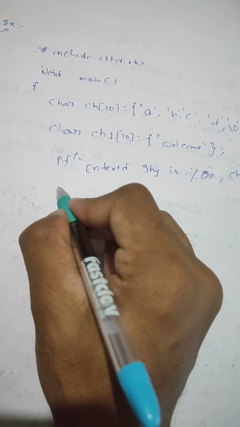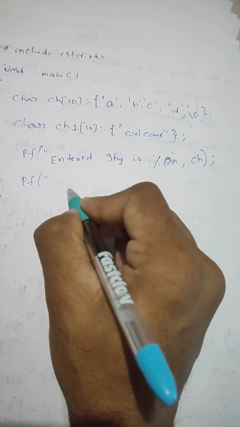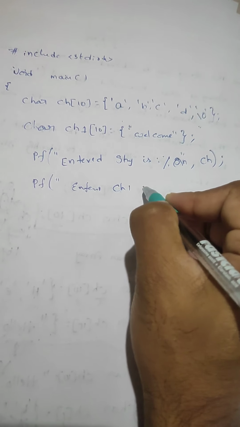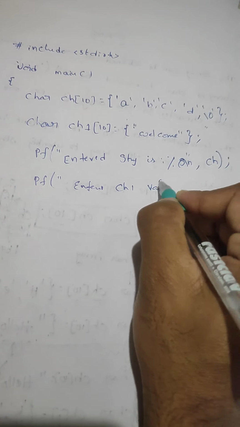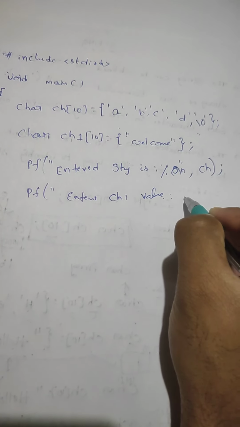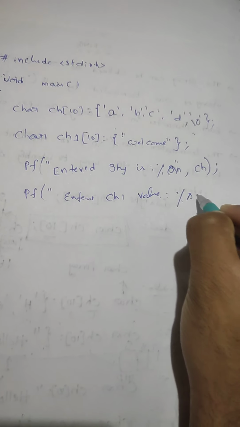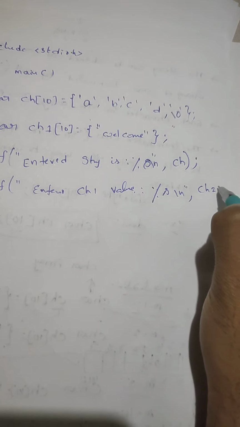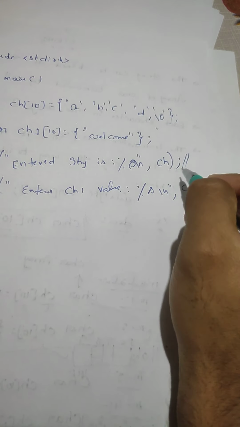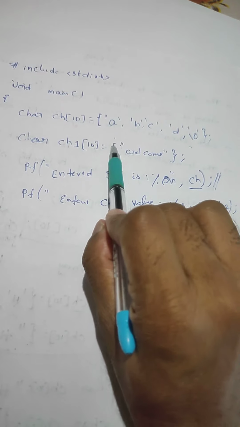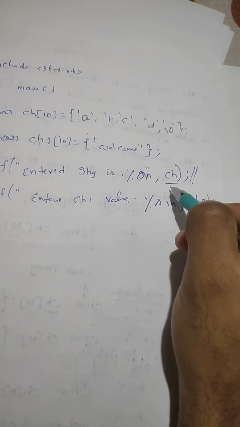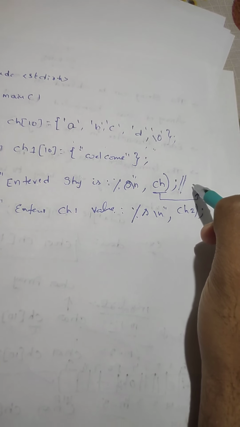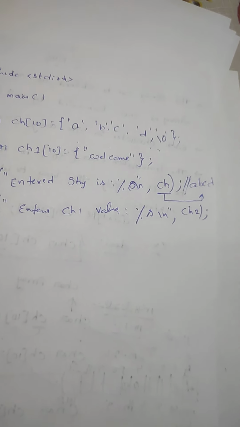And one more printf statement for accessing the next string: entered ch1 value or string %s \n, close the double quotations, and ch1. ch stores the values a, b, c, d, so it prints the ABCD string.